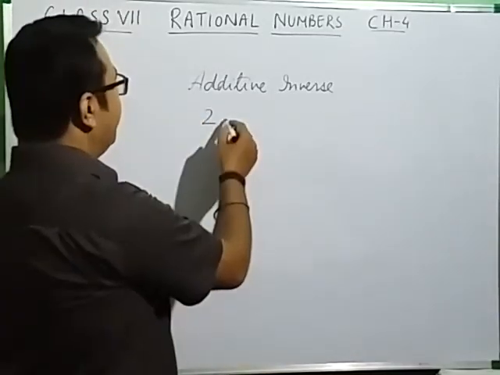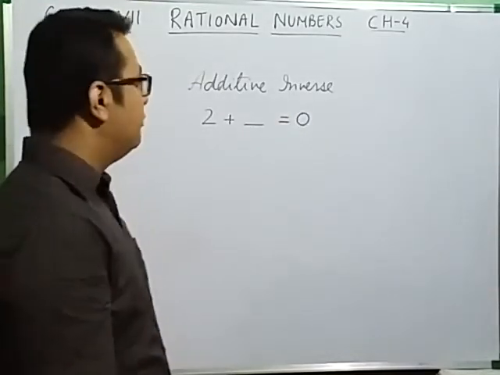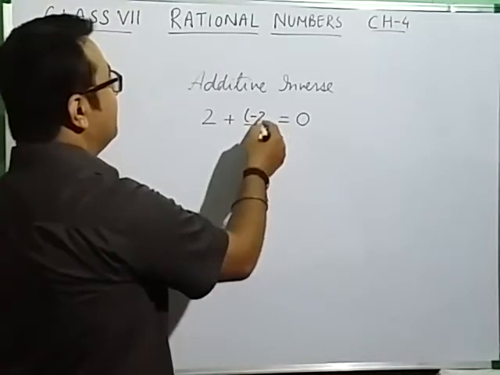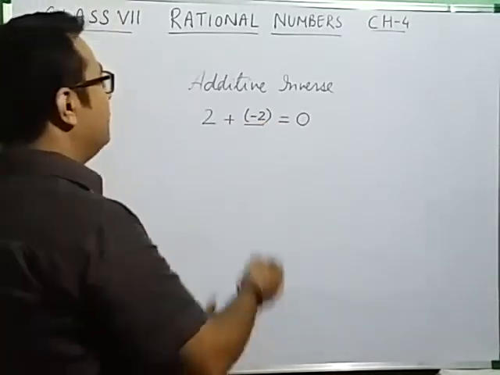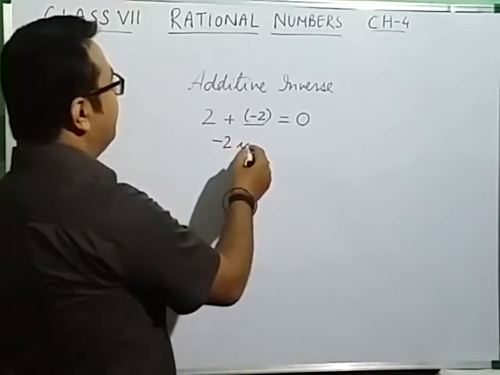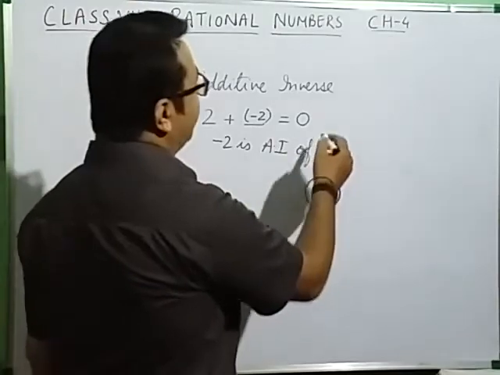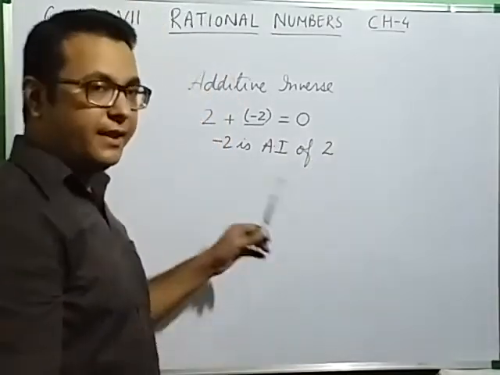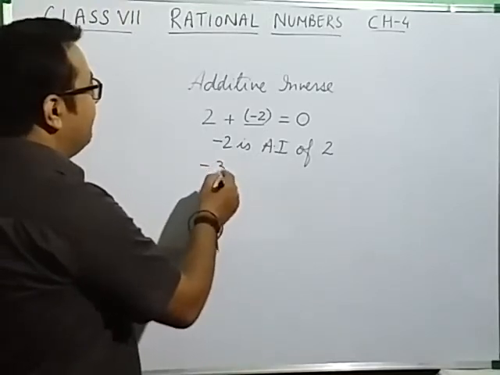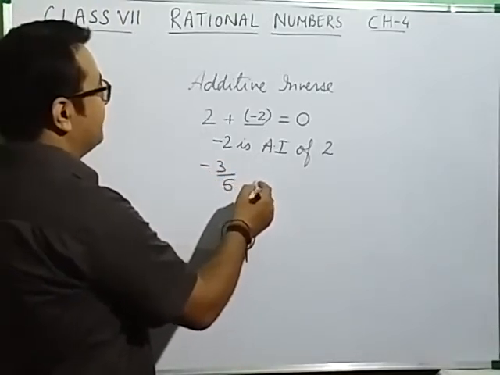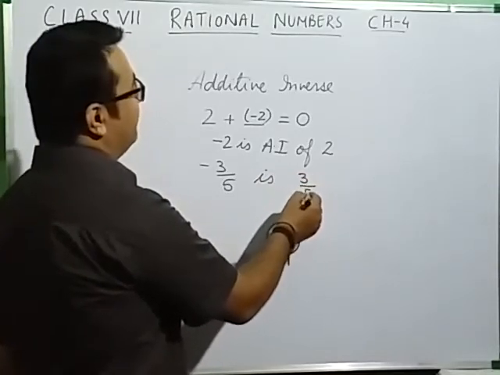Now what should be added to 2 so that the result is 0? We add minus 2 plus 2, then only we will get 0. So minus 2 is the additive inverse of plus 2. So additive inverse is nothing but the same number with opposite sign. Additive inverse of minus 3 upon 5 will be plus 3 upon 5, or simply 3 upon 5.